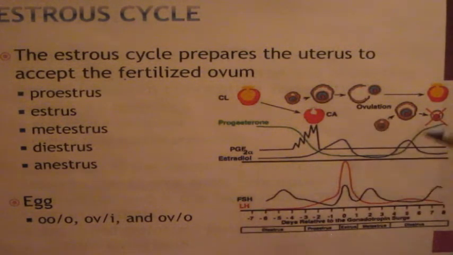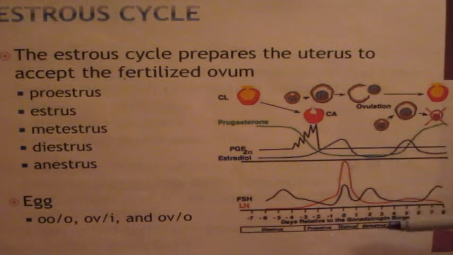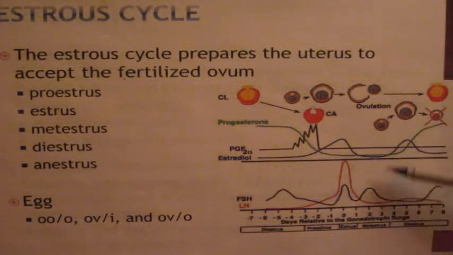So estrus is the time when the female is most receptive to the male, and then metestrus is the time after that. Estrus actually is where ovulation occurs, and metestrus is the time that is post-ovulation, and we can see there's an egg that's being reborn again, and we go back into a diestrus stage.